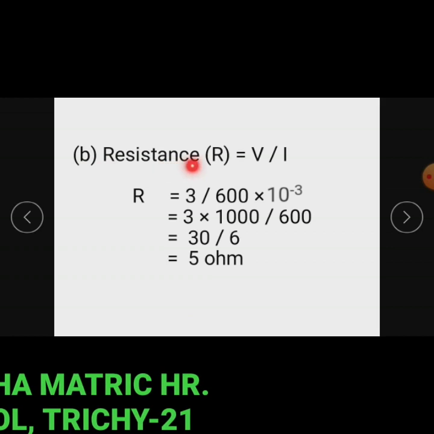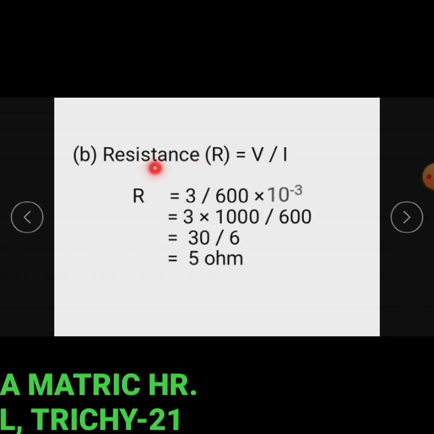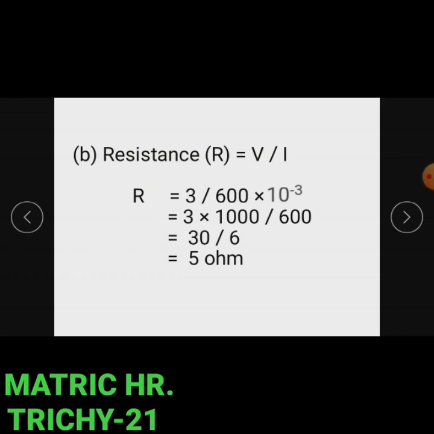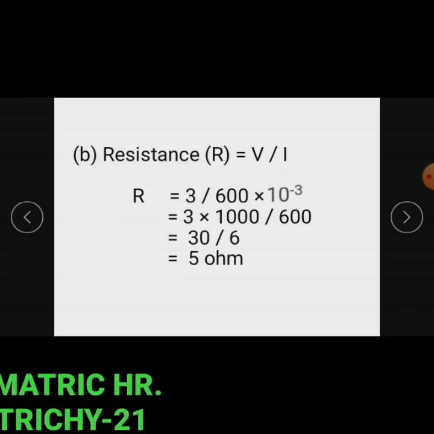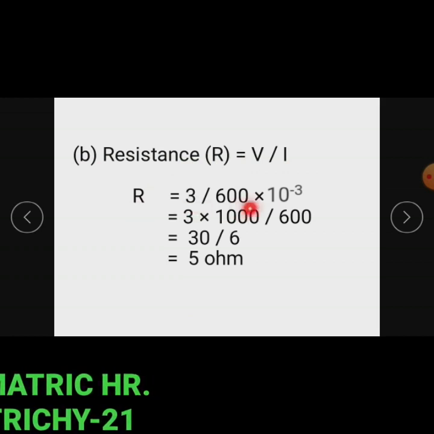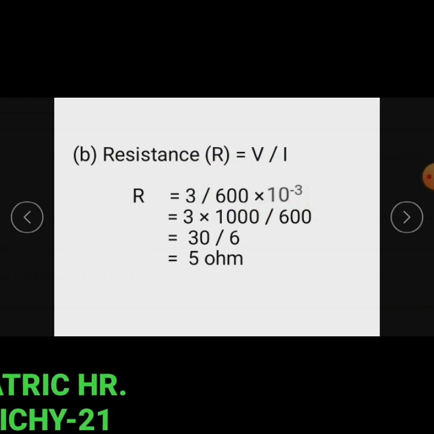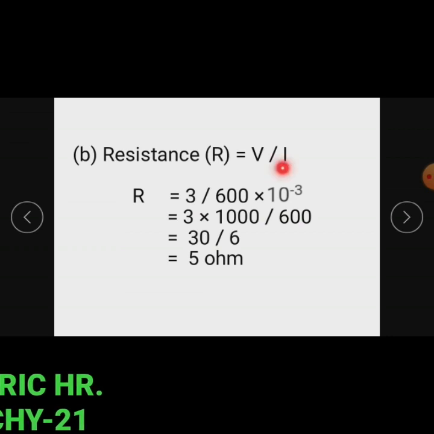Question B, resistance. Resistance R equal to V by I. R equal to 3 by 600 into 10 to the power minus 3. First we substitute the values of V and I in the formula R equal to V by I equal to 3 into 1000 divided by 600.